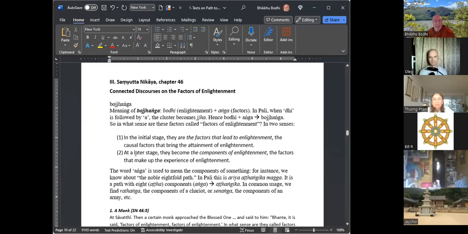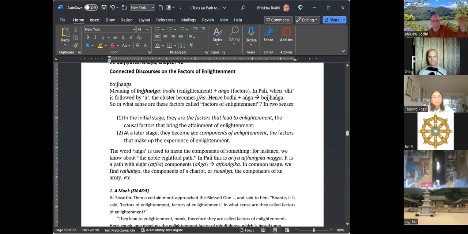And then at a later, more advanced stage, these factors become the components of enlightenment, the factors that make up the experience of enlightenment.